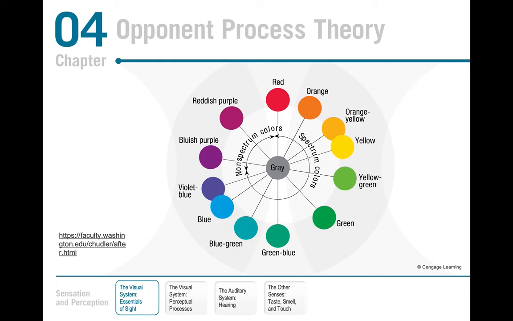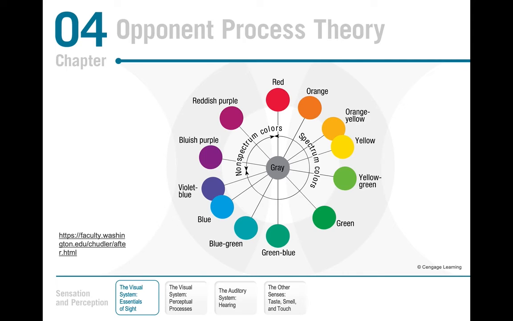So although trichromatic theory explains some facets of color vision well, it did have some problems. Take for example complementary after images. Trichromatic theory cannot explain complementary after images, and so what are complementary after images?